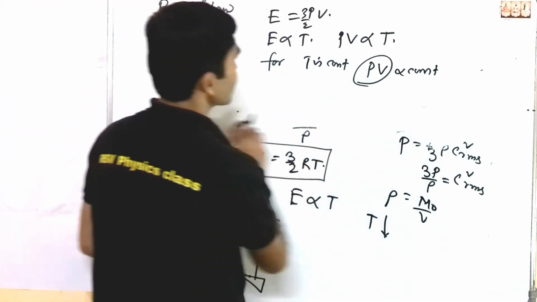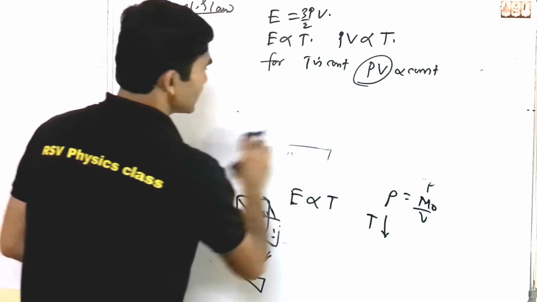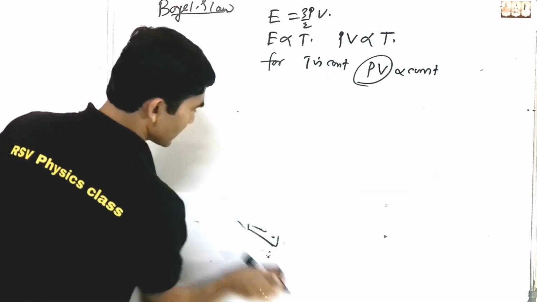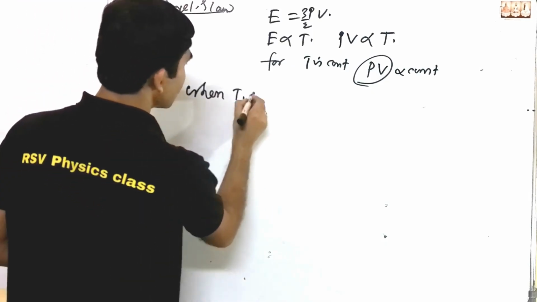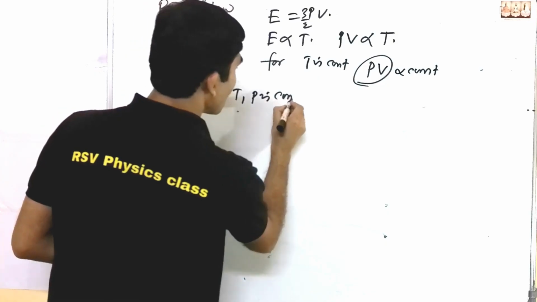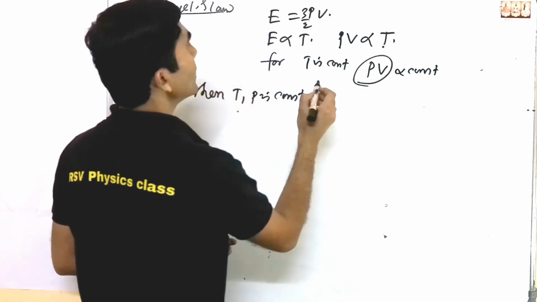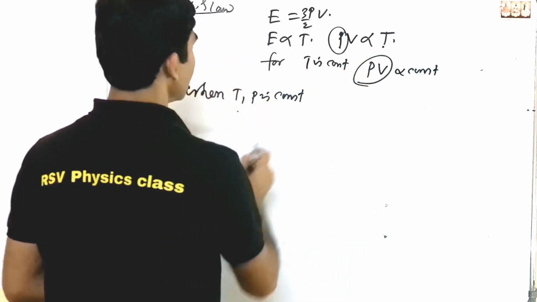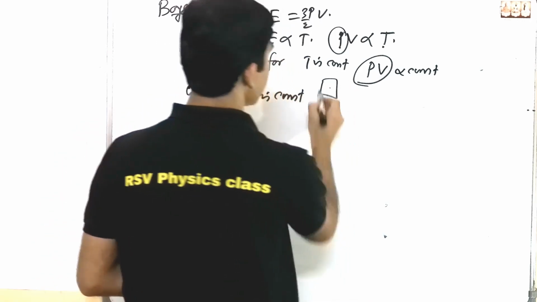Okay. So now when pressure is constant, एक किसी भी कंटेनर में आपका यहाँ पे प्रेशर कांस्टेंट है.